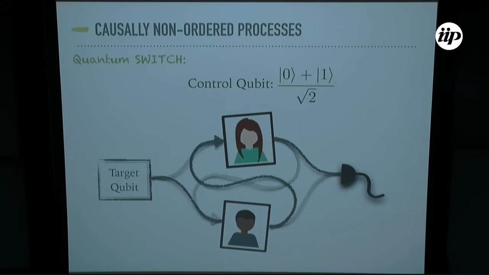Now, in this type of scenario, let's suppose that Alice and Bob perform a measurement on this target qubit.